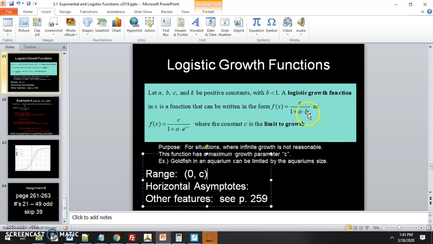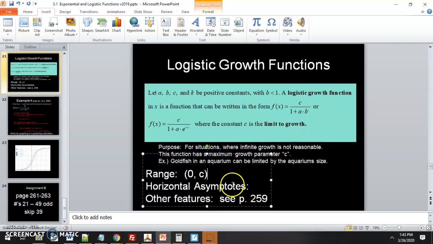Or if b was greater than 1, then b could be to a negative exponent, which would cause that to be a fraction. So basically, it's either a negative exponent or the b value is a fraction, which would be less than 1.